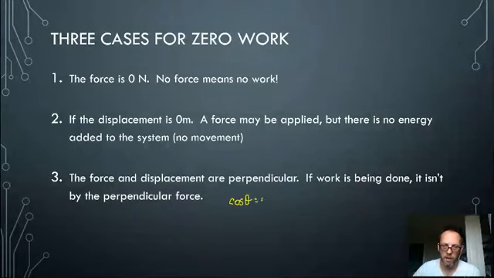So when does cos theta equal 0? That implies the angle is 90 degrees. So in those situations, there's no work being done by whatever force you're talking about. If there is work being done, if energy is being added to the system, then it's not being done by the force you're talking about that's perpendicular to the displacement.